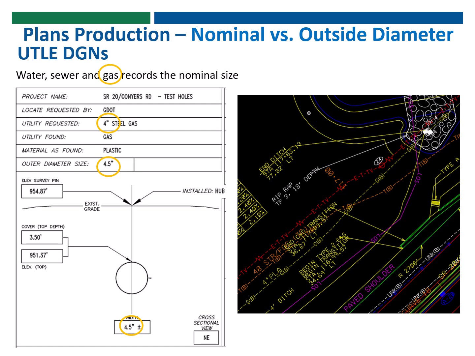So what should be recorded is what they found in the test hole, but they should put the nominal size. So the nominal size of this pipe is 4-inch, but what they found as a material type was plastic instead of steel. So they must put the material that they found, which is plastic, and show that in the DGN file.